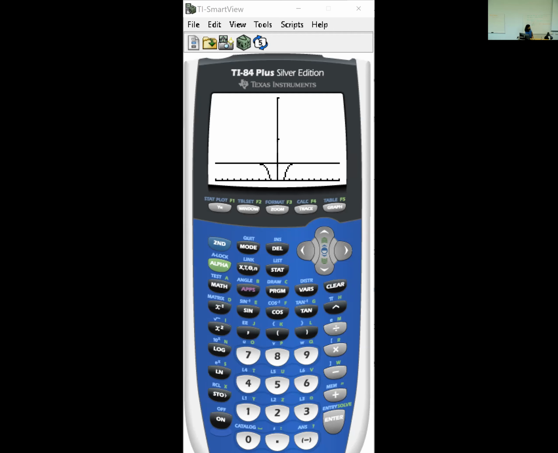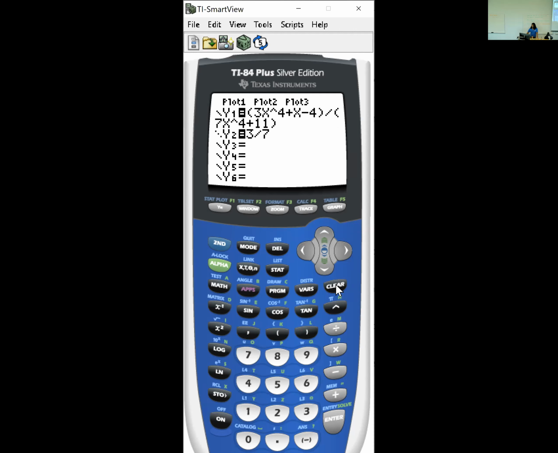So you can type that equation. You have to adjust the window.